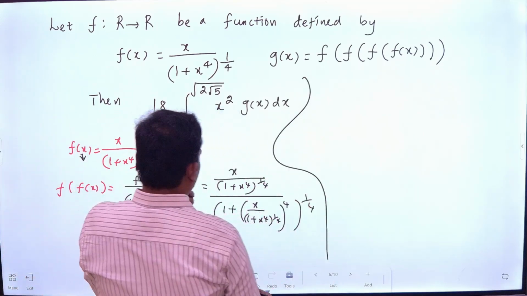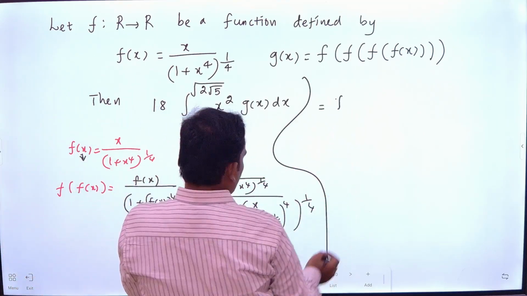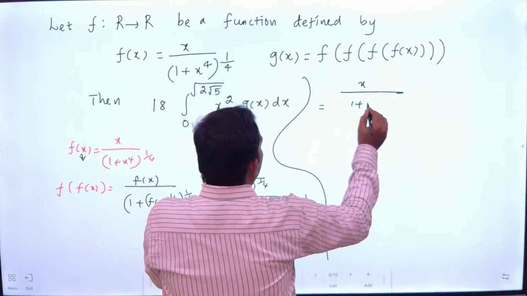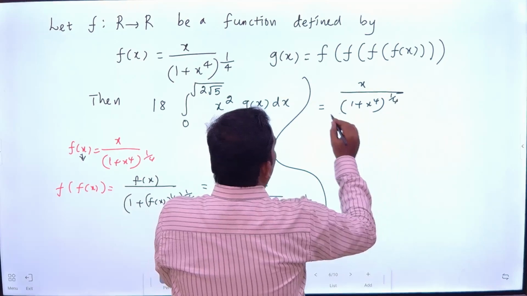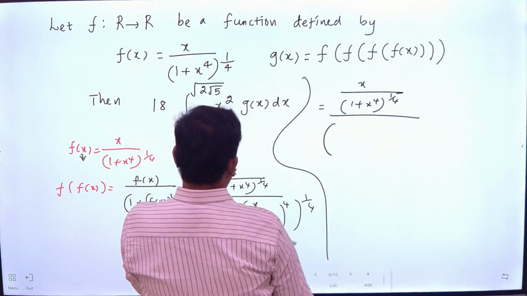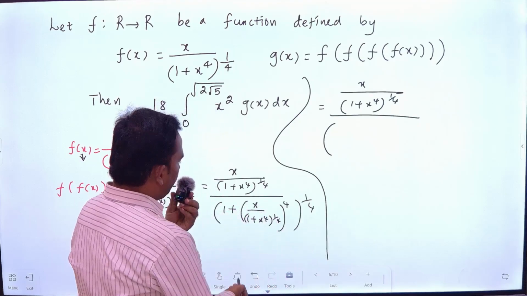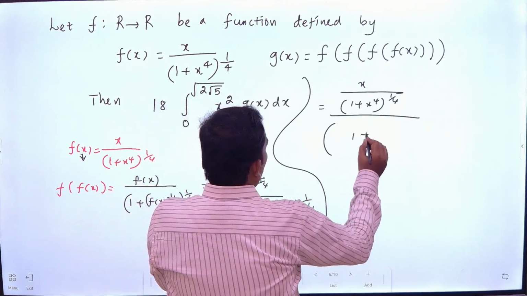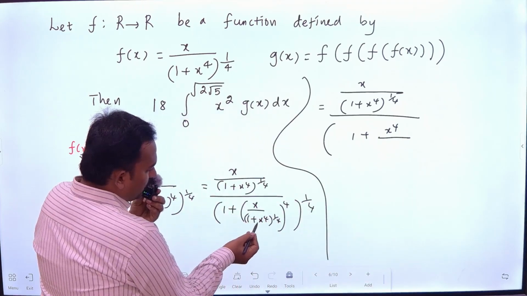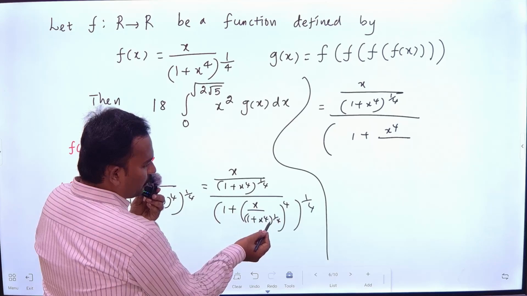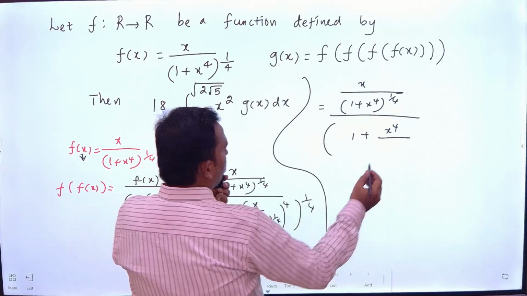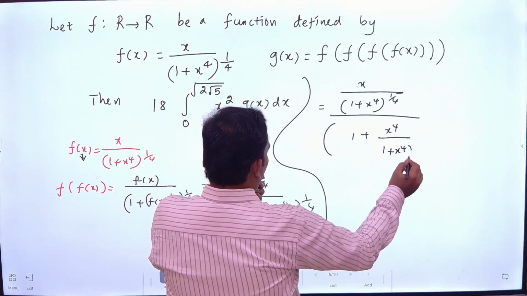Then what will we get? x divided by (1 plus x to the power 4) whole power 1 by 4, divided by, first expand this one: 1 plus x to the power 4 divided by... Inside, x divided by (1 plus x to the power 4) whole power 1 by 4 is raised to the power 4. So x to the power 4 divided by 1 plus x to the power 4.